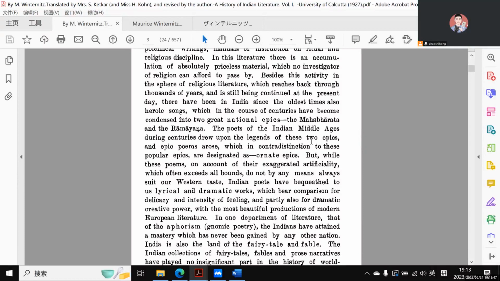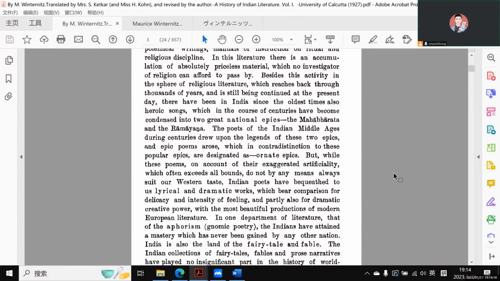And we also need to notice that here Winternitz says something. But while these poems, he refers to the later compositions, on account of their exaggerated artificiality, which often exceeds all bounds, do not by any means always suit our Western taste.